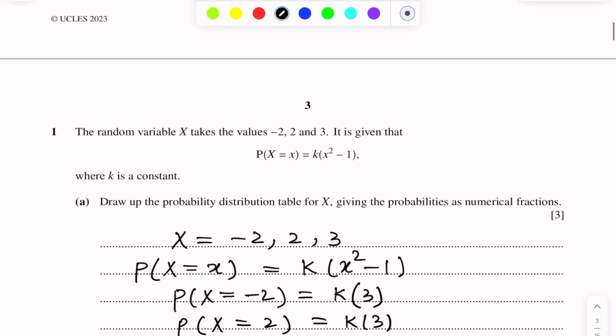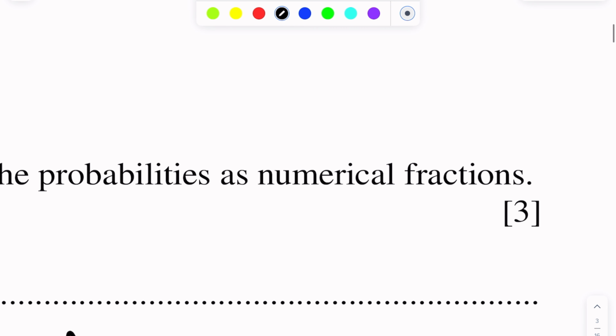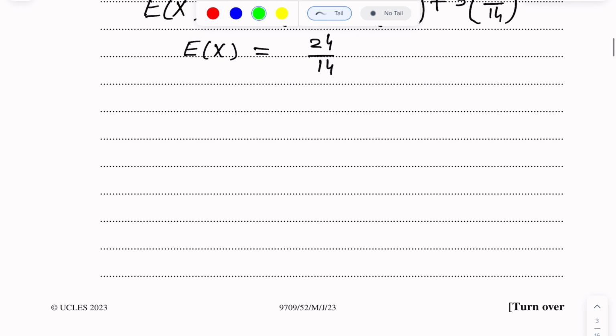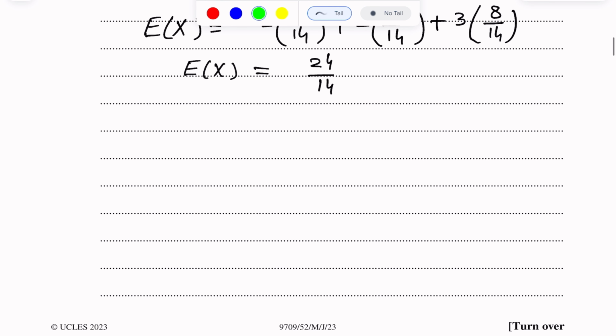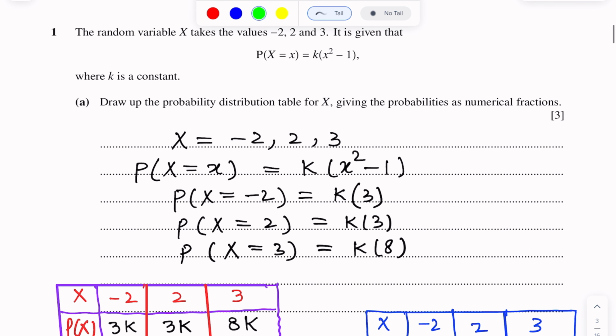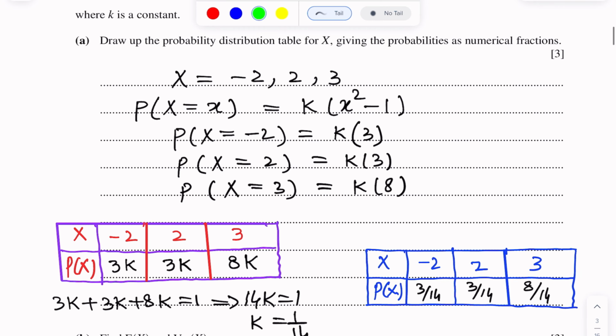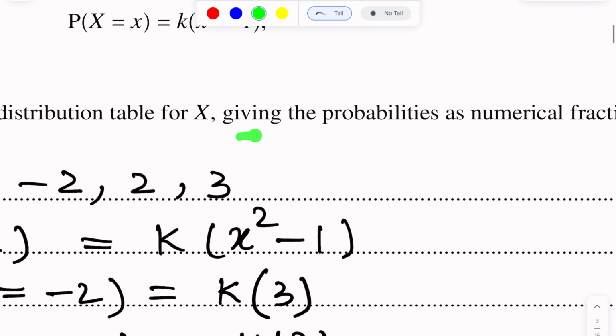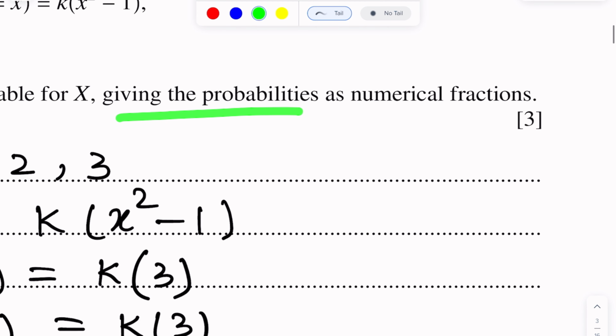We have to give the answer as numerical fraction. Sorry, we have to give the probabilities as numerical fractions.